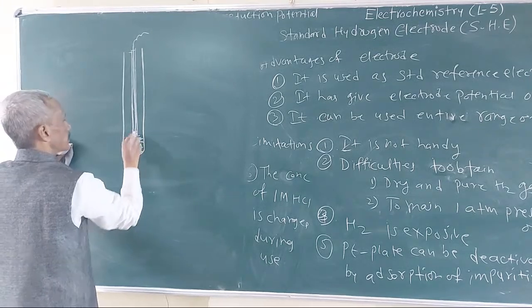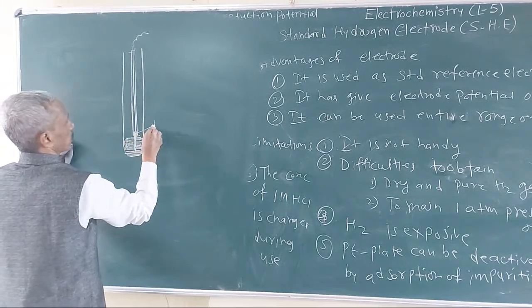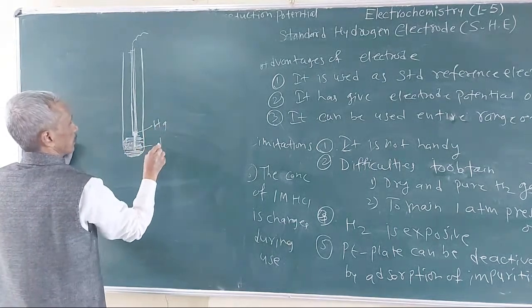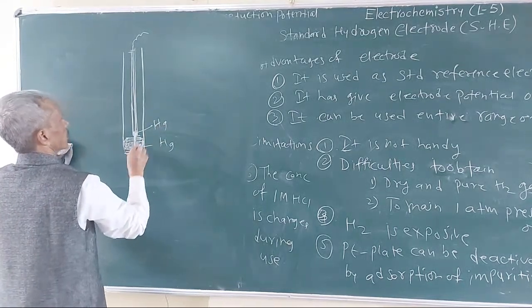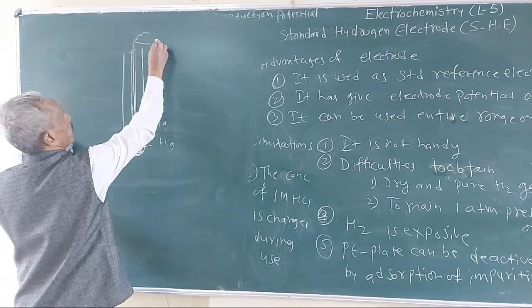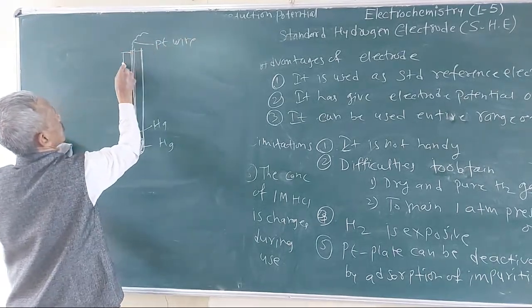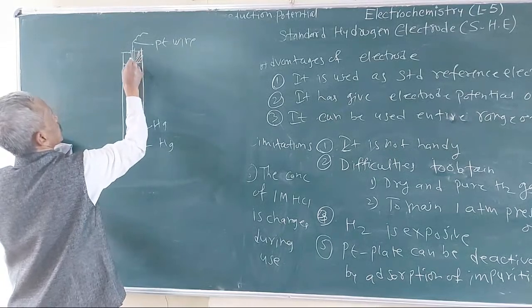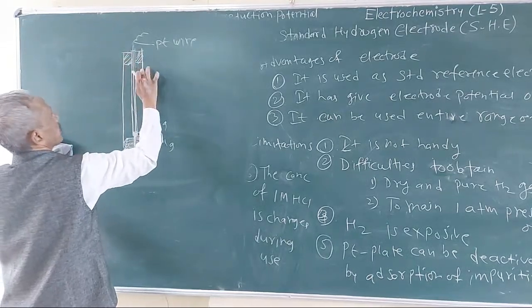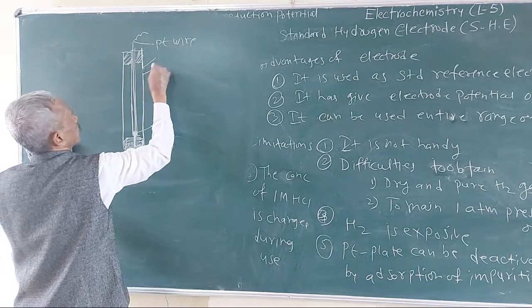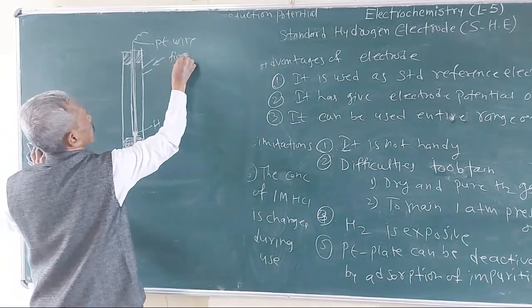This platinum wire is sealed here, with a connection for electricity. This is a coil, and there is a side tube for giving KCl solution.